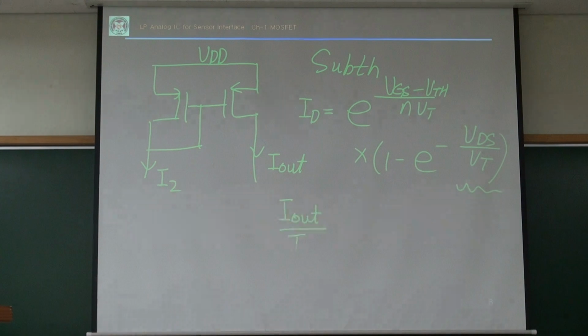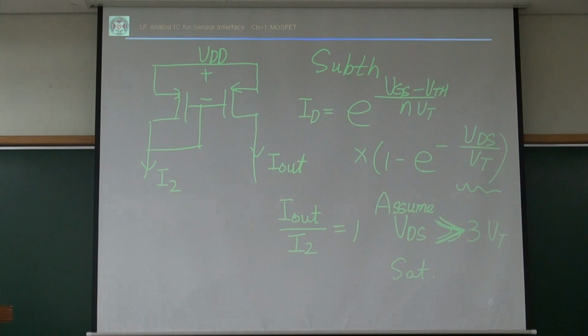We just assumed this is 1 because the gate source voltages are the same. But we are assuming my VDS is larger than 3 VT for saturation operation. Okay, we already assume that. So we assume all the transistors work in the saturation region in an analog circuit, analog amplifier, right?